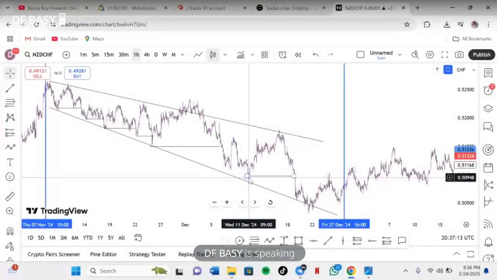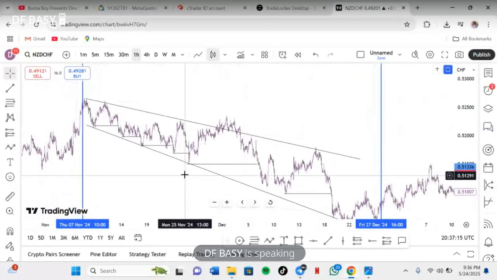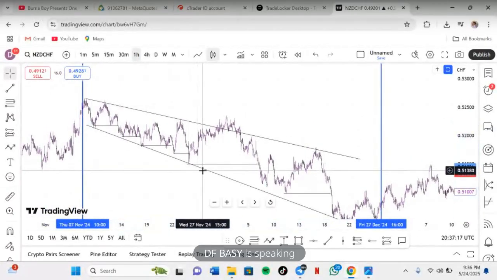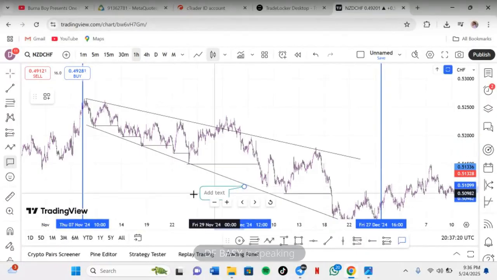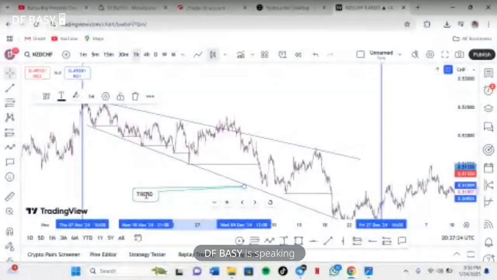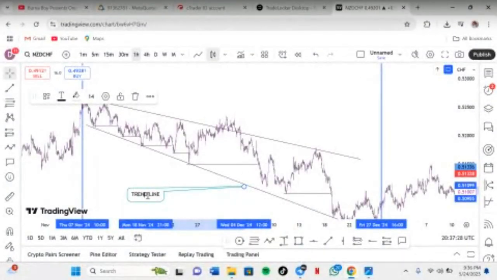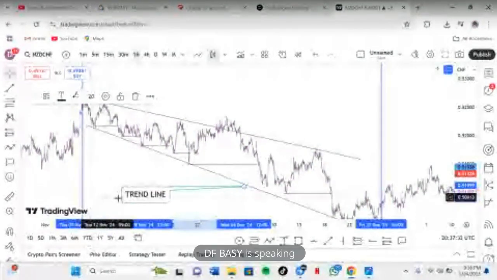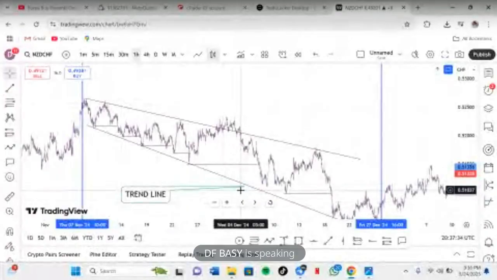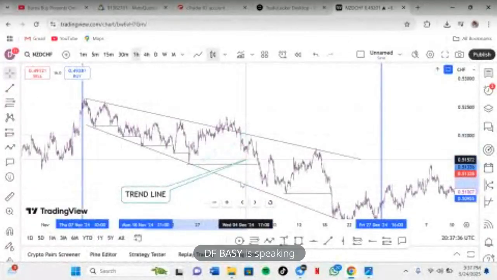So your bearish market structure using your trend line. This is what is called your trend line.